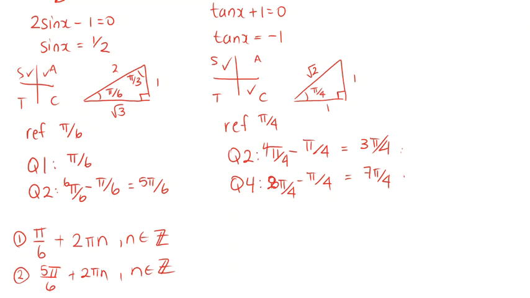Now what's different here is these two are actually related. Tangent has some symmetry that goes with it, after a period of pi instead of a period of 2 pi. And what I mean by that is if I was to add pi to this quadrant here, I will get quadrant 4. So you can write it as 2 equations, one for the 3 pi over 4 plus 2 pi n.